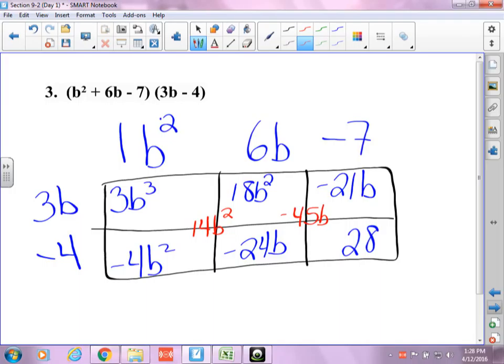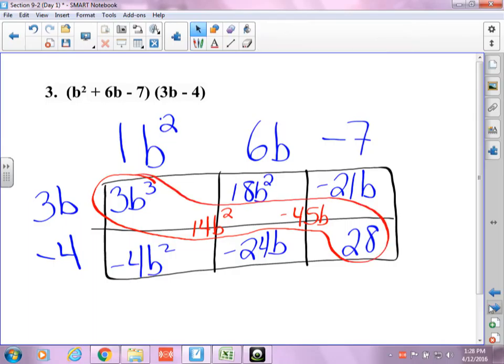So now I need to circle my answer. Well, I've got 1b cubed, right? I've got my 2 middle terms that are my answer, and I got a 28. So it kind of looks like a snake. So the 2 middle terms are part of the answer, the upper left-hand corner and the lower right-hand corner.